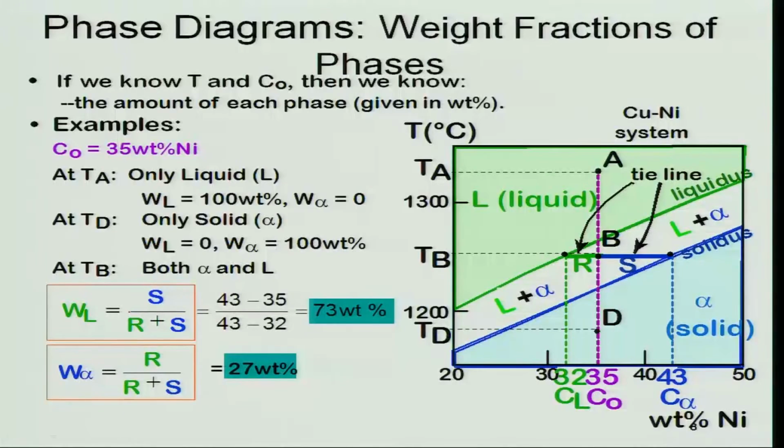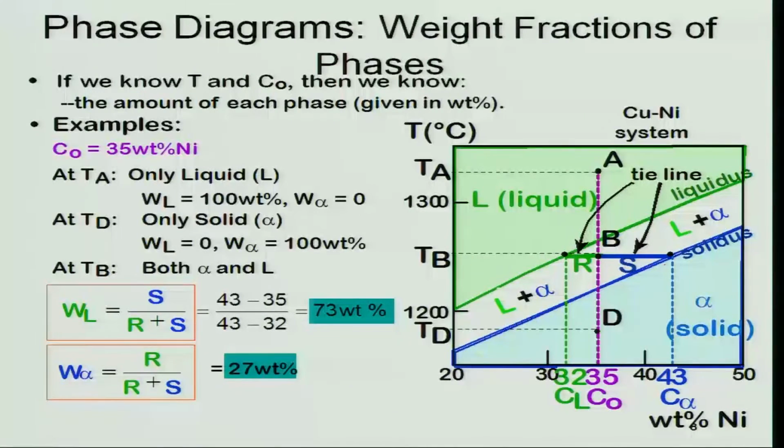So liquid percentage is the opposite arm, S divided by R plus S, and if you do that, that is 43 minus 35 divided by 43 minus 32, which gives you 73 weight percent. Similarly, the weight percentage of solid alpha is R divided by R plus S, the opposite arm.